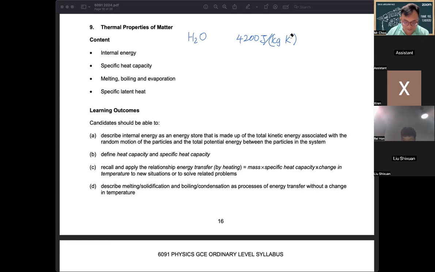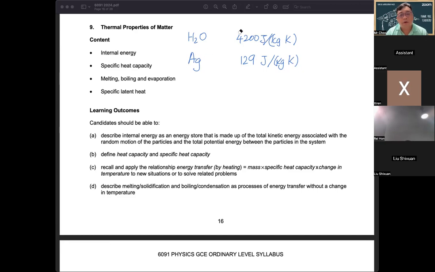Then I'll give you a bit more. Next thing, gold. Gold is Au. The specific heat capacity is just 129. So can you imagine? So for the same amount of energy, 1 kilogram of water would require 4,200 joule.